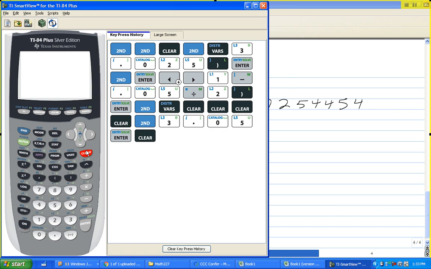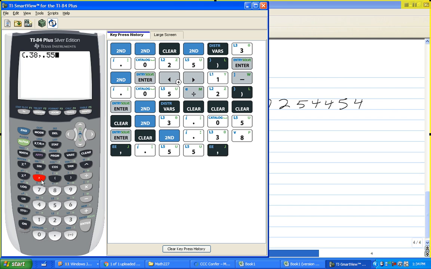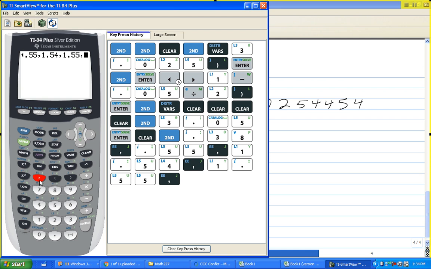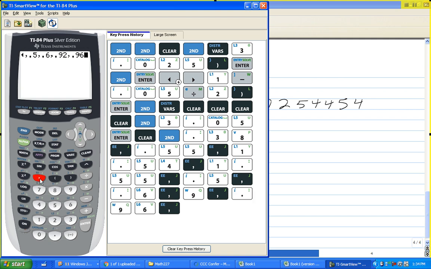The data was 0.38, 0.55, 1.54, 1.55, 0.5, 0.6, 0.92, 0.96, 1, 0.86, and 1.46.